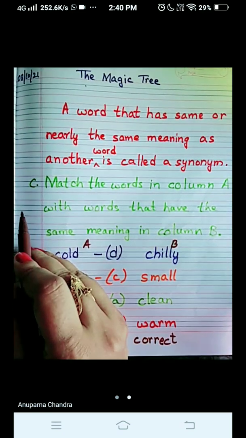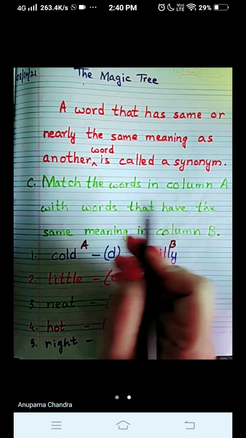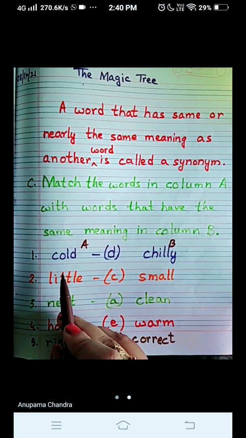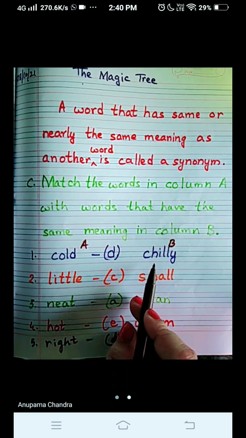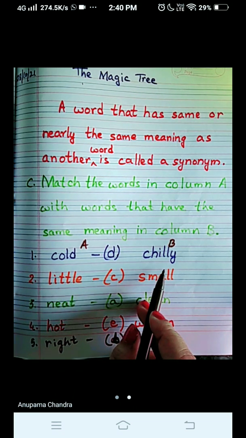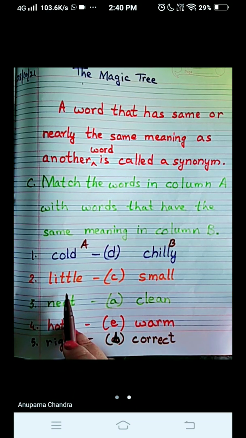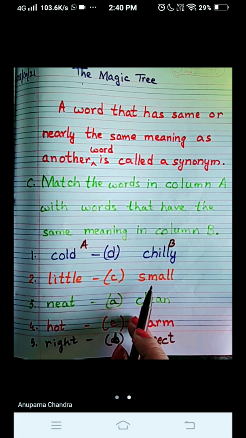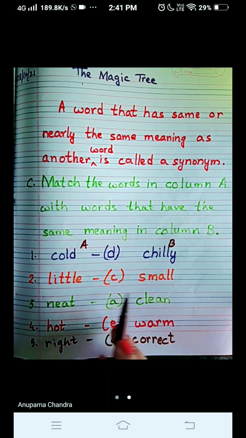Okay, now come to the question. So you have to match the synonym. The first one is cold, chilly. Little, small.